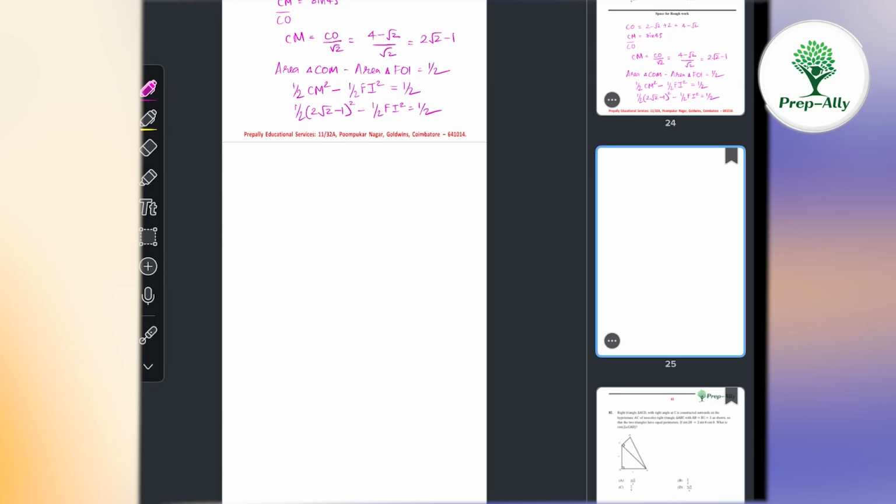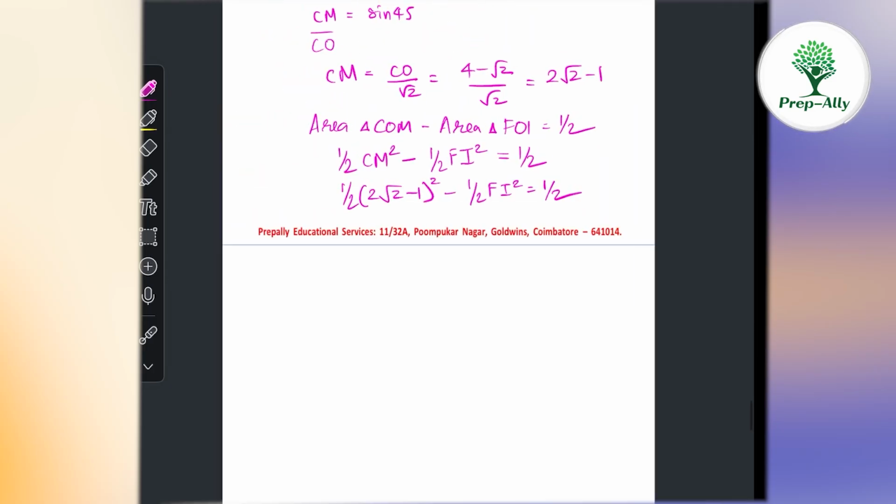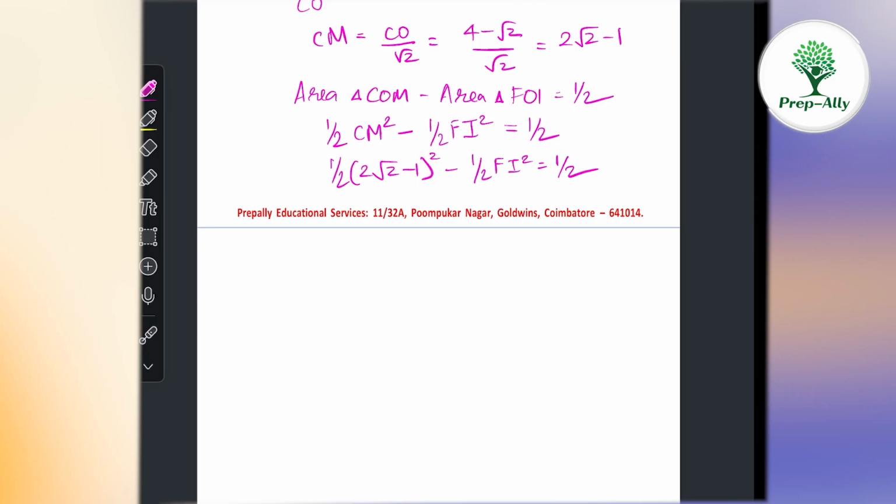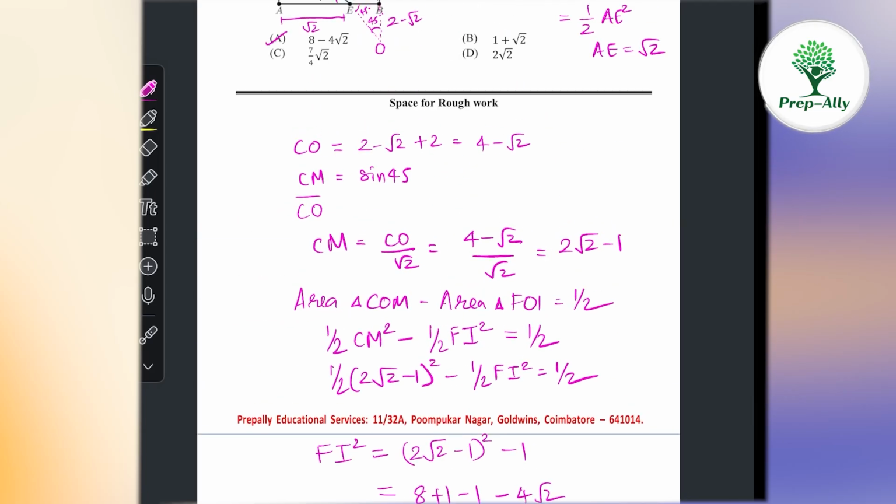And from here we get FI squared is equal to 2 root 2 minus 1 the whole squared minus 1, which is 8 plus 1 minus 1 minus 4 root 2, which is equal to 8 minus 4 root 2, which is option A.